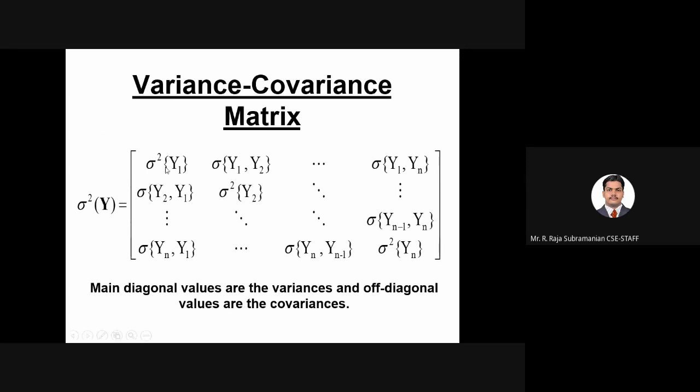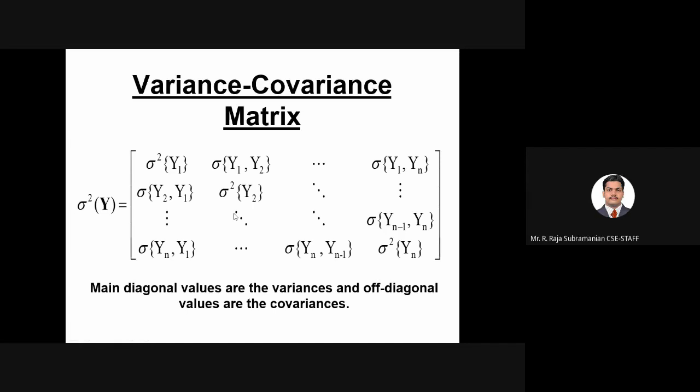This is in matrix form, enumerated as y1, y2, and so on, and I'm taking the variance of all the y values. The diagonal is nothing but the covariance of y1 with itself, right? So the main diagonal will be exactly one, because the covariance of y with respect to itself will be the same. But for the other terms, if they are equal to 0, then it is great.